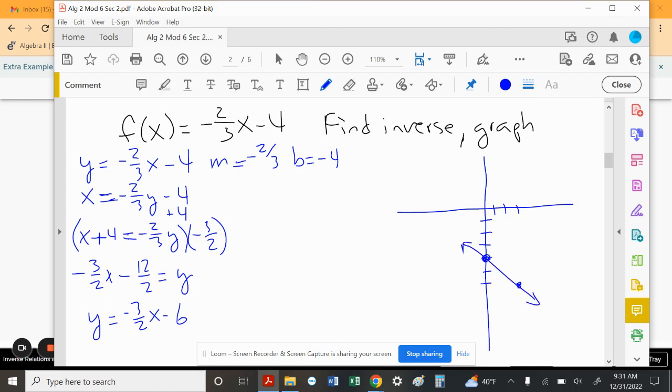On the second one, I have m equals negative 3/2, and my b value is negative 6. So I go right here. My b value being negative 6 tells me that. The 3/2 tells me I go down 3, and I go over 2.